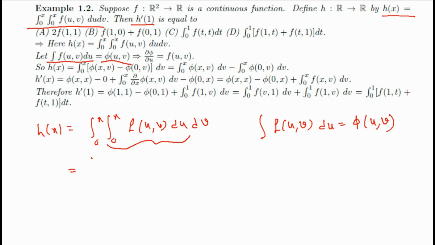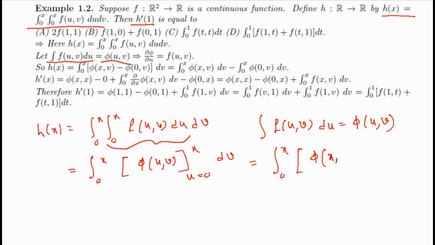Therefore this is 0 to x of phi uv, here u equal to 0 to x, and then dv, and ultimately we will get 0 to x of phi of x v minus phi of 0 v dv.